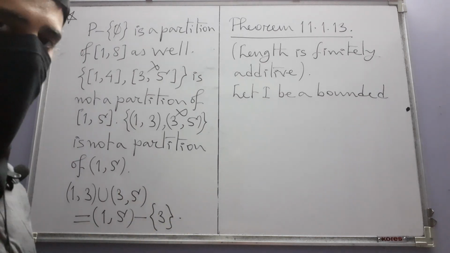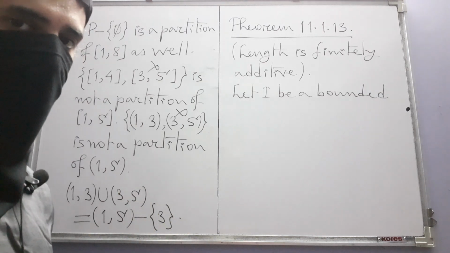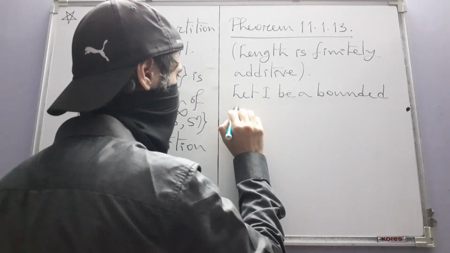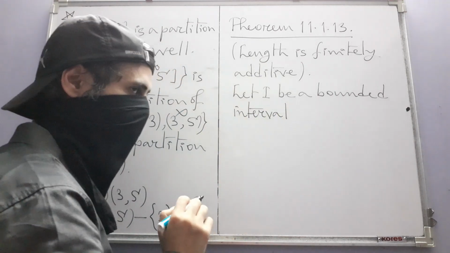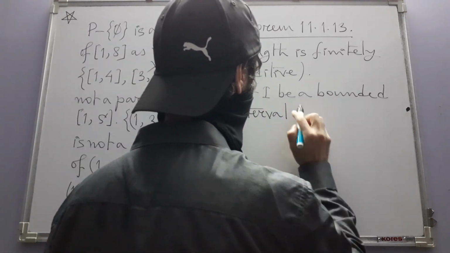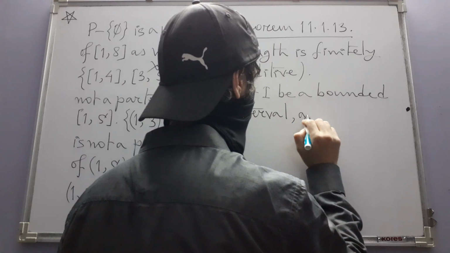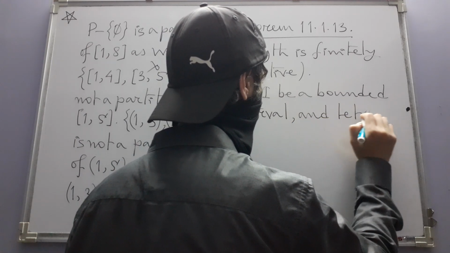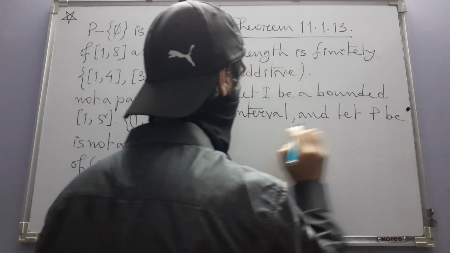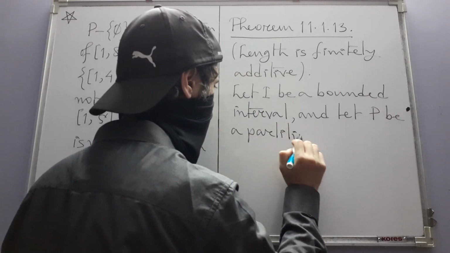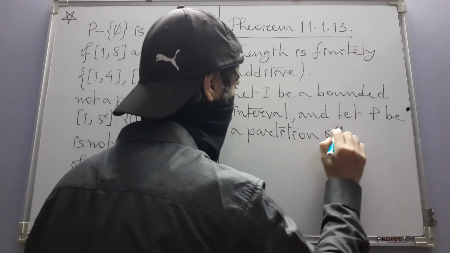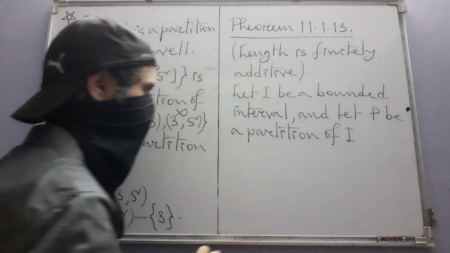We could, if we want, simply write let I be an interval, because we have already agreed in the beginning itself that we will consider only bounded intervals. And let P be a partition of I.